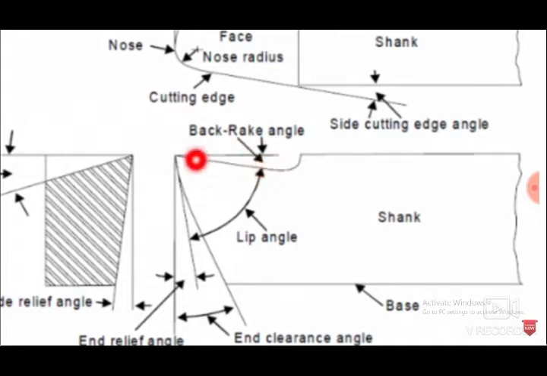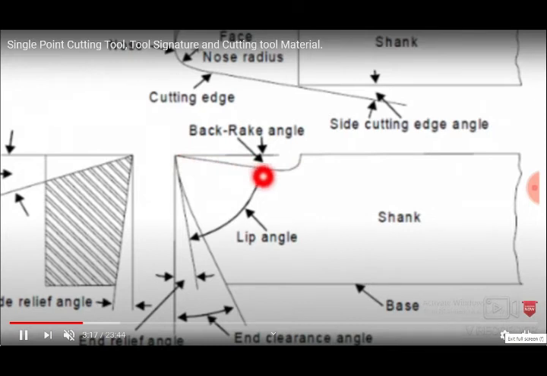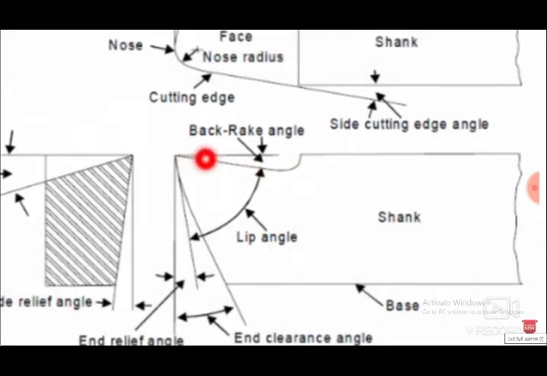This is the front face. That view is called the front view, this is the top view, and this is the side view. The back rake angle is on the top face of the tool, and the end clearance angle, two faces and the side cutting edge angle. Next, the top view we discuss.